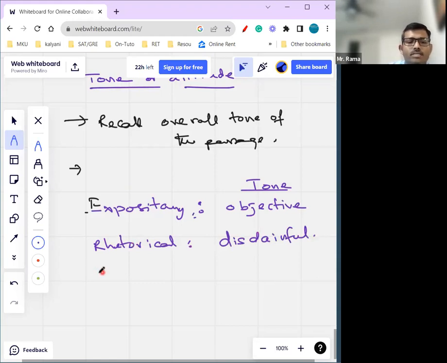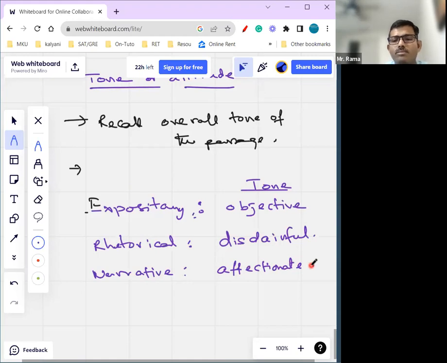And then if you have narratives, if you see narrative passages, the tone will sometimes be affectionate, like caring and all those things. Affectionate tone, you see it, okay?